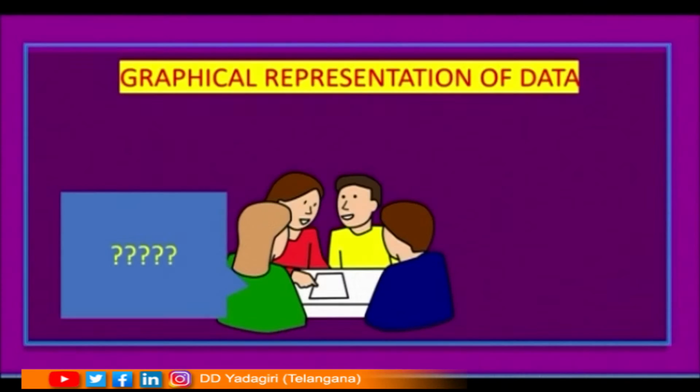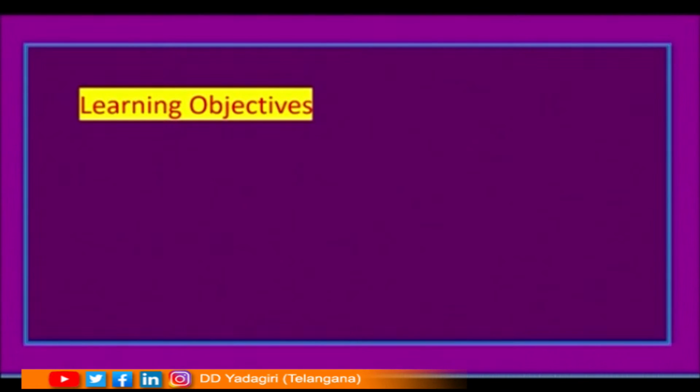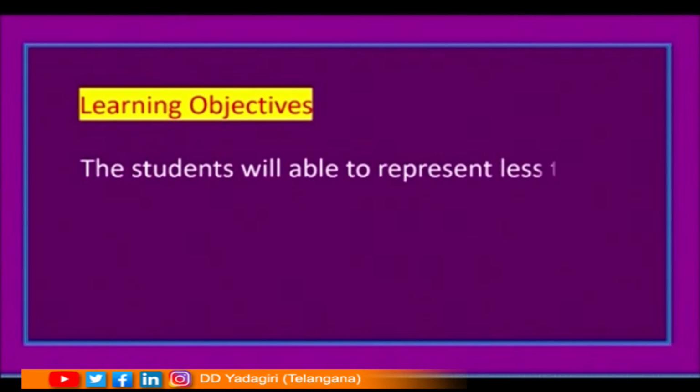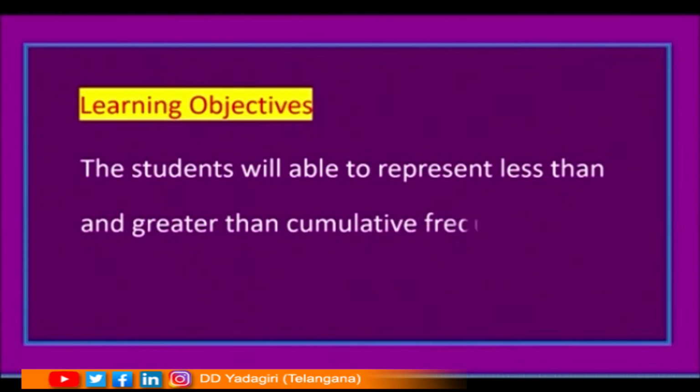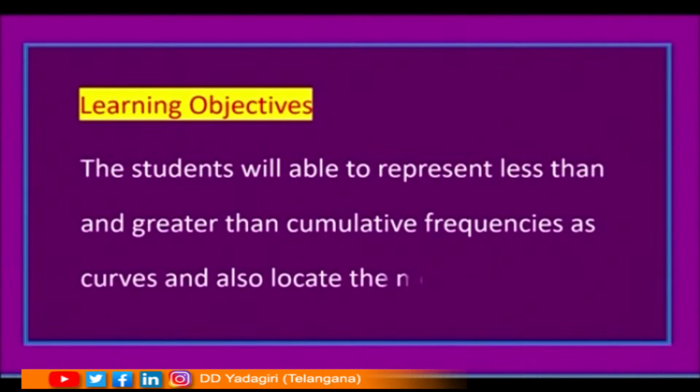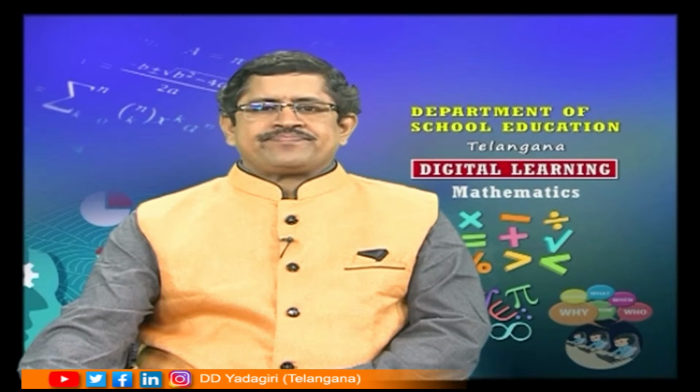The learning objective is that the student will be able to represent less than and greater than cumulative frequency as curves, and also locate the median on them. So you are going to represent both a less than cumulative frequency curve and a greater than cumulative frequency curve, and we can also find the median from this graph.